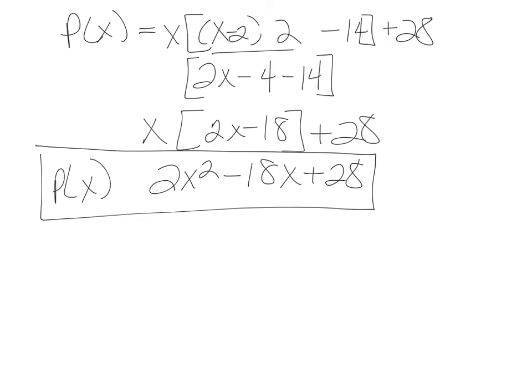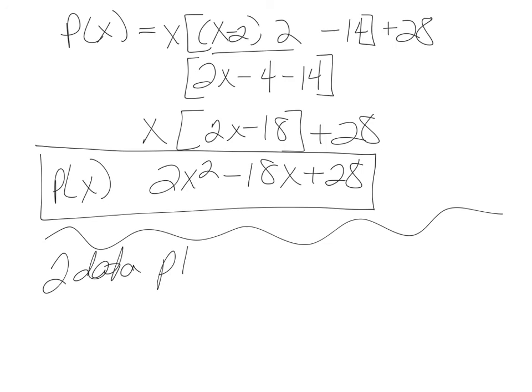Okay, we're going to do one more of those. And I know they take a long time, but it's really going to benefit you. Some questions. What if we wanted to fit a polynomial function to 2 data points? What would be the lowest degree of a polynomial that fits the 2 data points?